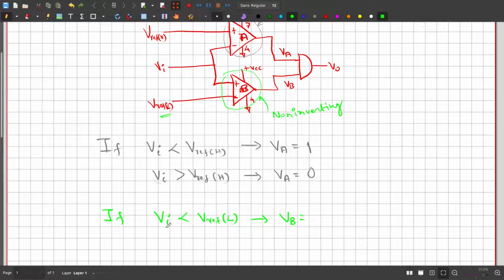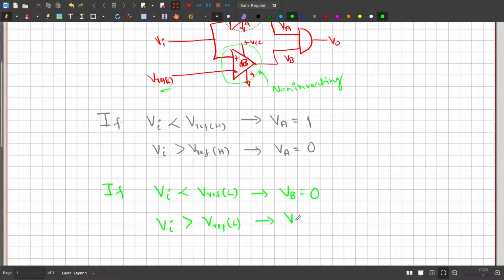So if Vi is less than Vref, then Vb equals ground, therefore we have a logic 0. And if Vi is greater than V ref of low, since the greater sign is on the Vi side, it will tie the output to the positive saturation voltage, therefore we have logic 1.